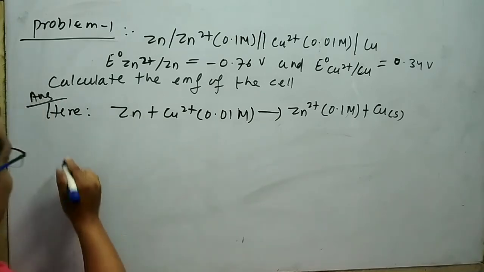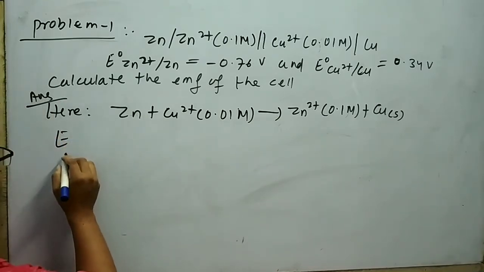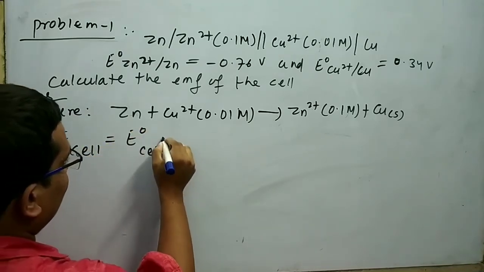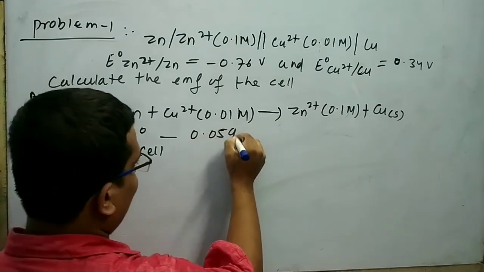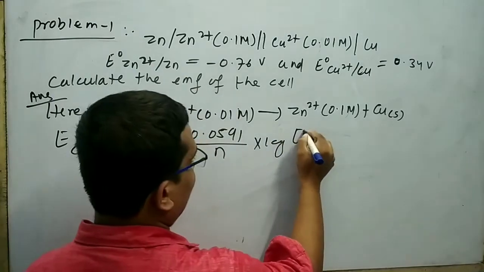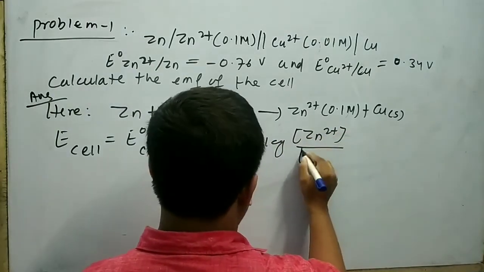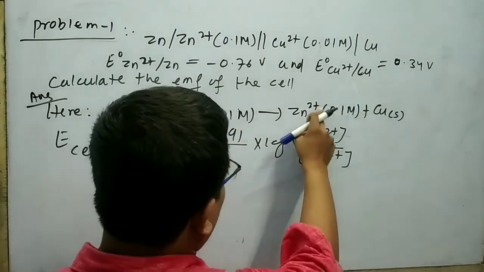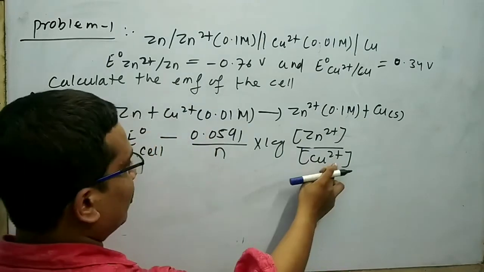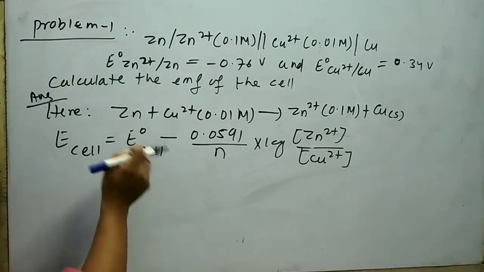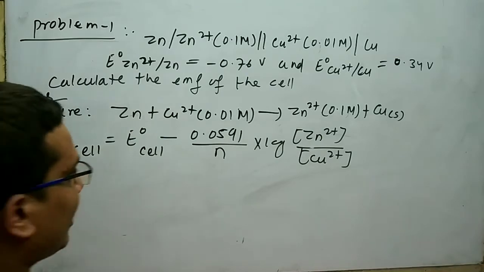For this cell reaction, I can write the Nernst equation like this: E cell equals E0 cell minus 0.0591 divided by n into log of concentration of Zn2+ divided by concentration of Cu2+. Here the concentration of Zn2+ is 0.1 M and the concentration of Cu2+ is 0.01 M. The value of n is 2 because 2 electrons are transferred from zinc to Cu2+ ion.